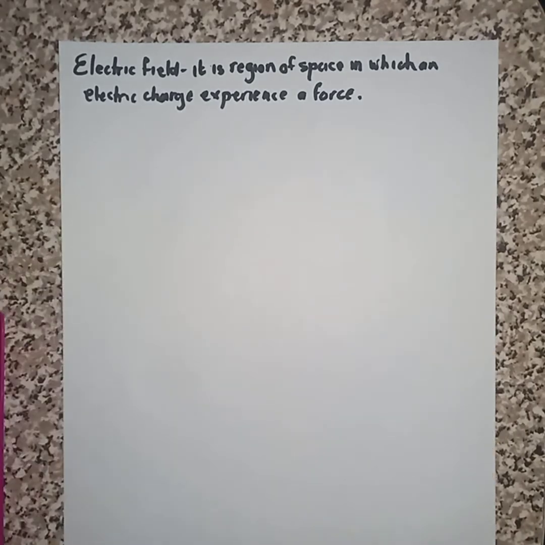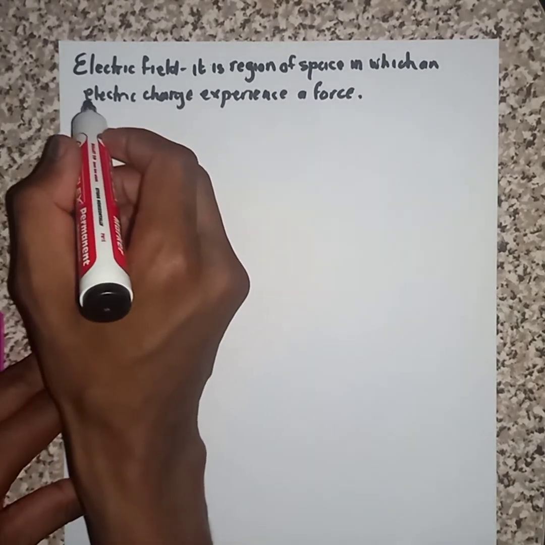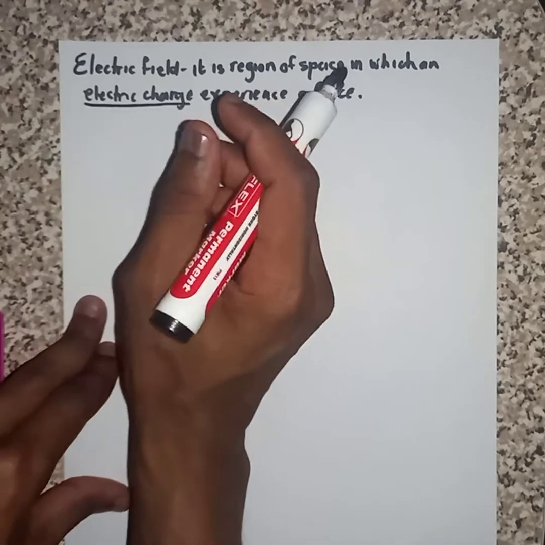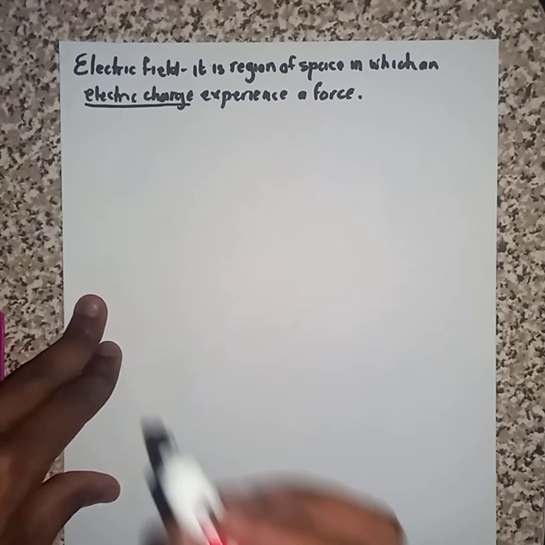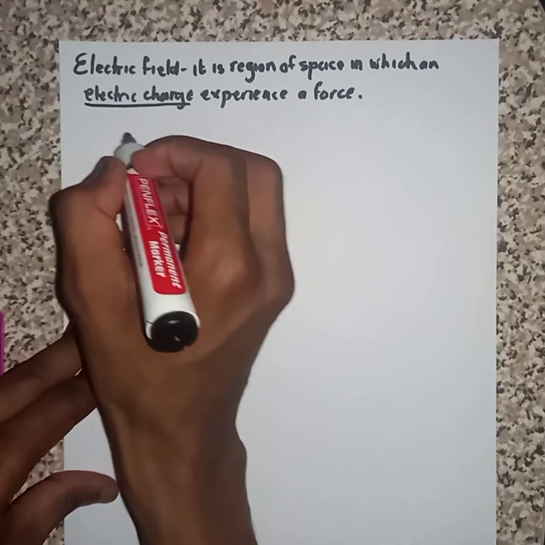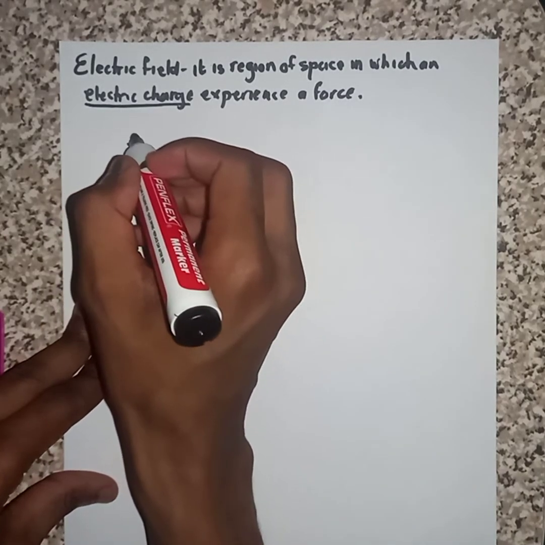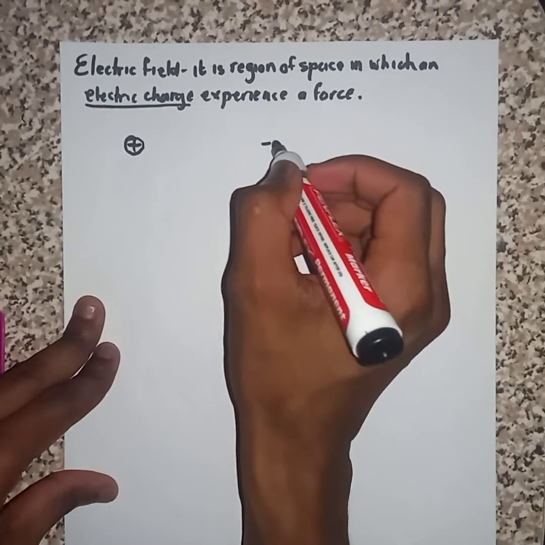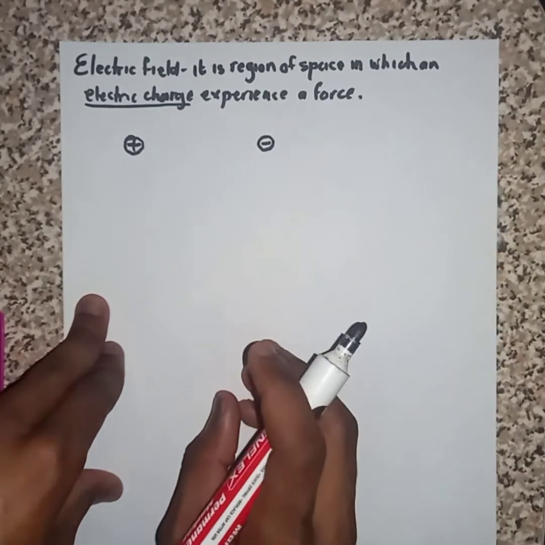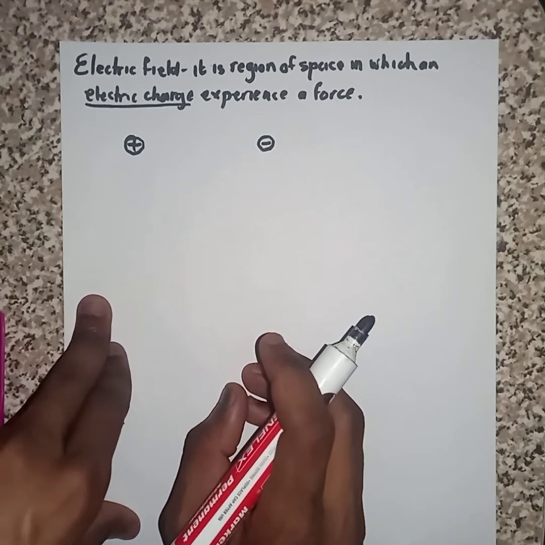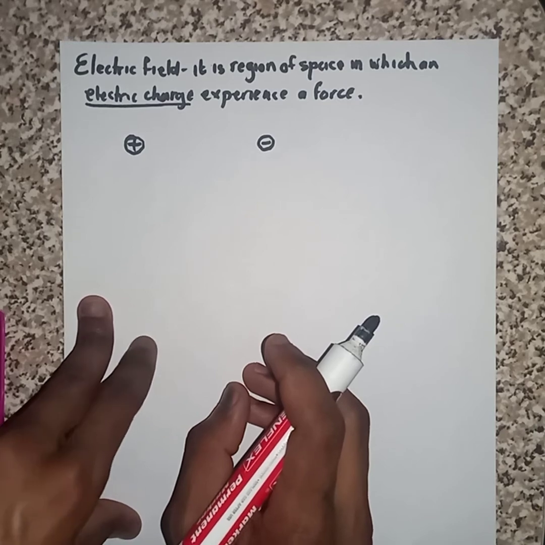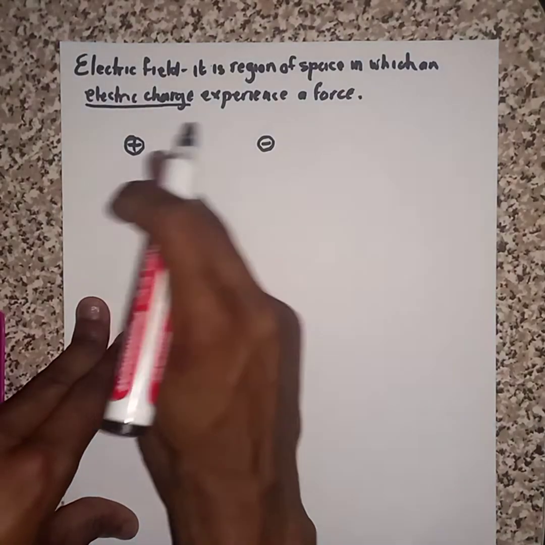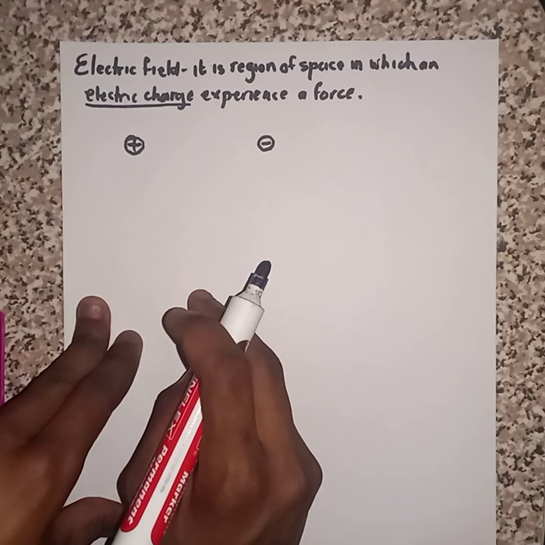Then bear in mind that the term electric charge refers to the following charges in this scenario: the positive charge together with the negative charge. Then now, how are we going to represent the electric field lines for these given charges?